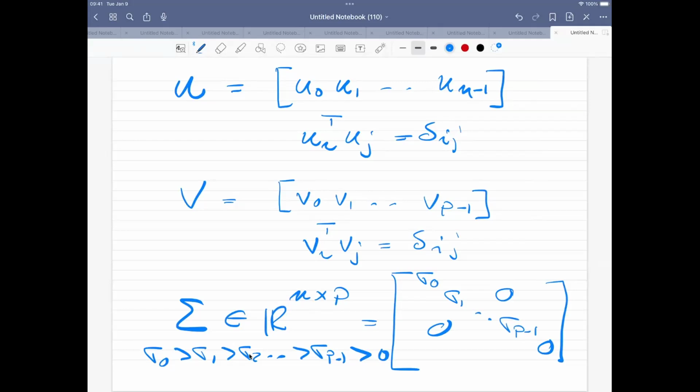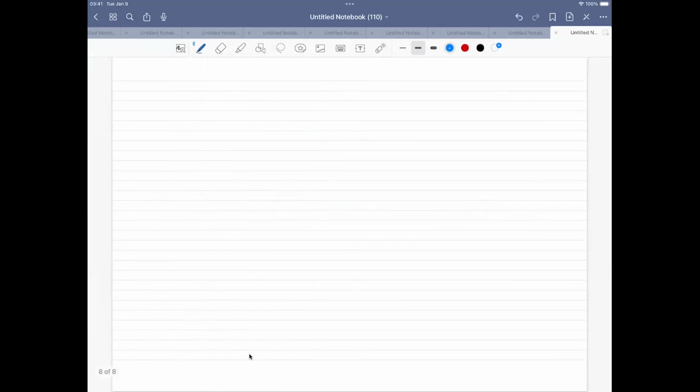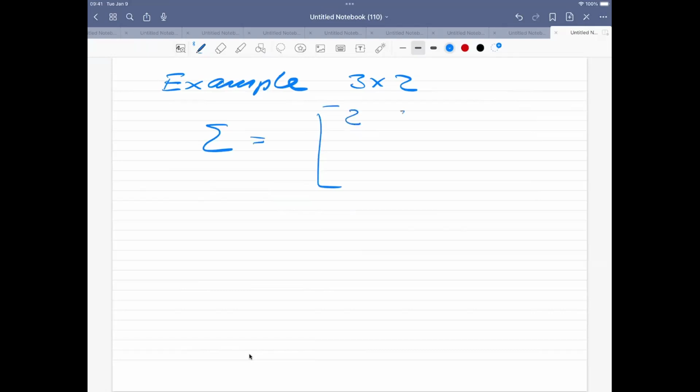So let me also give you an example, and then we take a small break. An example could be a 3 by 2 matrix. We have sigma, which now could be equal to 2, 0, 0, 1, and then 0, 0. That's just an example of such a matrix for this sigma. And you see these values are larger than 0, and then you can have zeros.